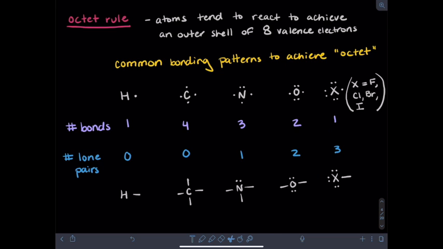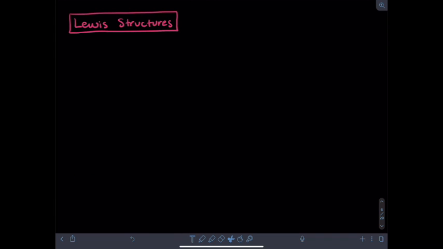So I want you to get used to seeing these patterns. Hydrogen having a single bond to another element, carbon making 4 bonds typically, nitrogen 3, oxygen 2, and halogens 1. The octet rule and thinking about how many bonds an atom typically forms is really helpful when drawing Lewis structures.